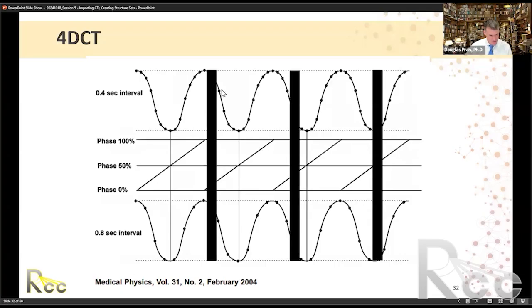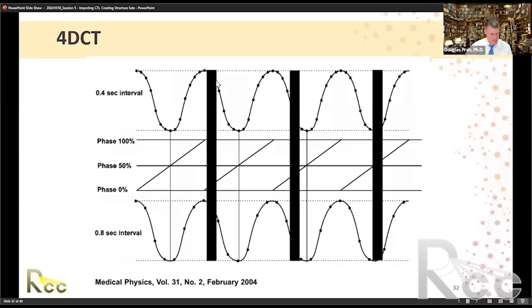Every point we're collecting another CT scan and the couch hasn't moved. So we're basically collecting maybe 13 times more images than we normally would. We oversample a little bit. The scanner doesn't just collect 10, it actually collects a little more, just in case the respiratory rate speeds up or slows down, so you get enough information.